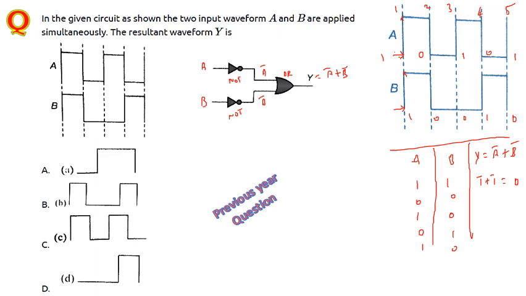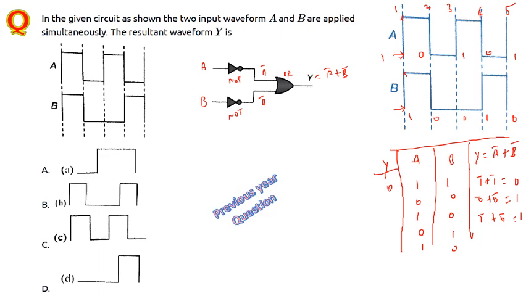So the output for the first one is Y equal to 0. Second is 0 bar plus 0 bar. 0 bar is 1, 0 bar is 1, 1 plus 1 is 1. Similarly, third is 1 bar plus 0 bar. 1 bar is 0, 0 bar is 1, so 0 plus 1 is 1.